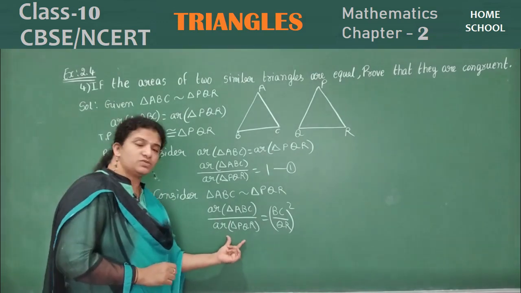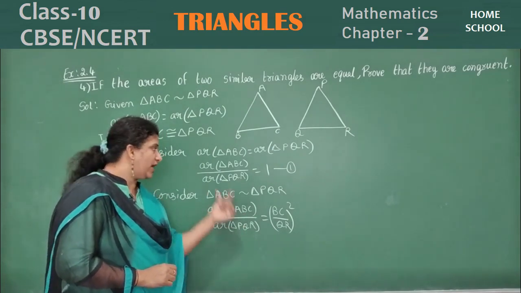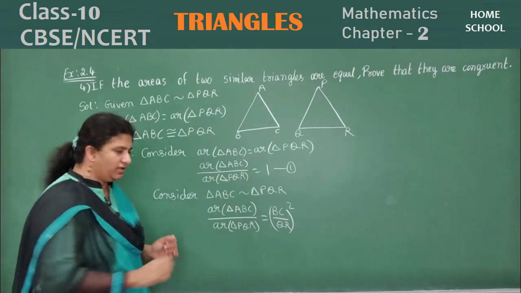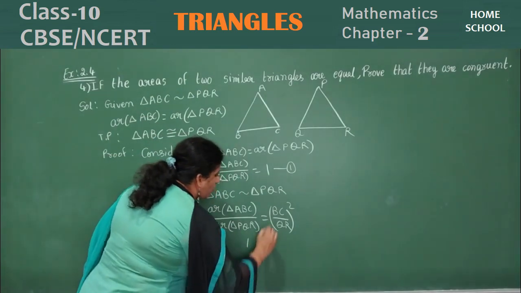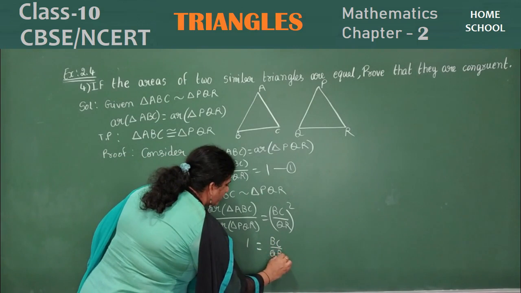But what is area of triangle ABC by area of triangle PQR equal to? 1. That means 1 is equal to BC by QR whole square.